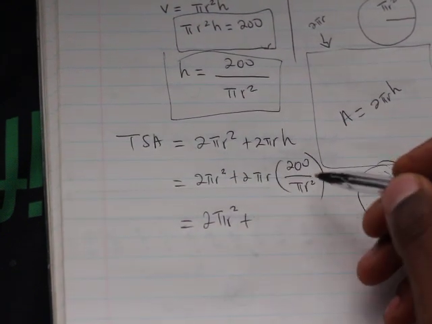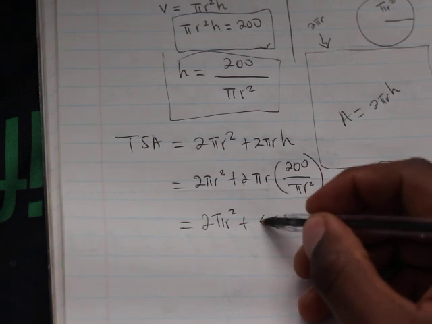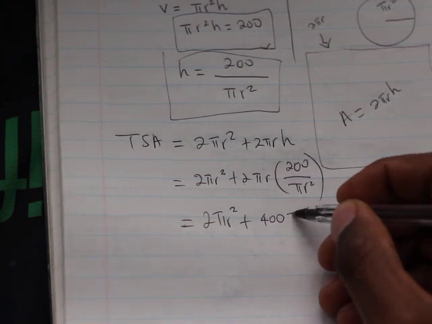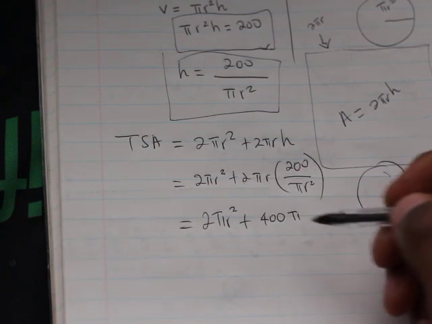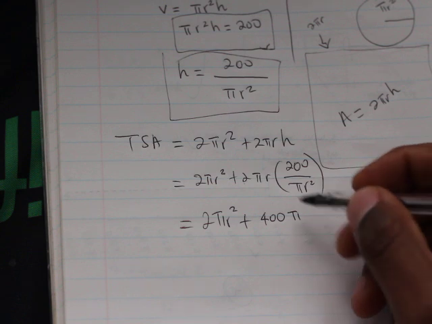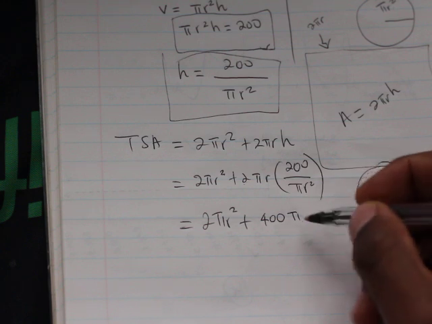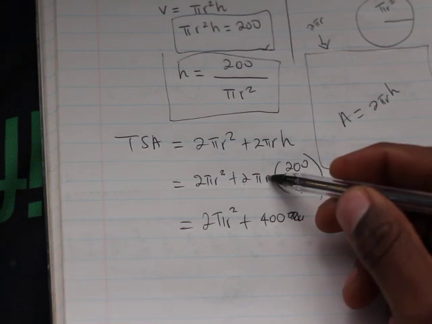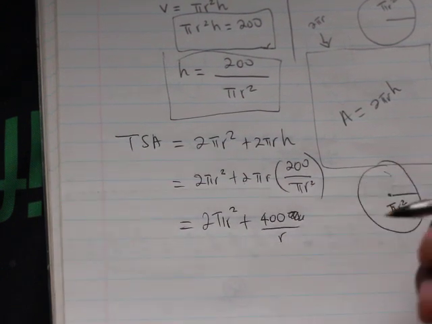The 2 and the 200, that's going to be 400. The pi falls out because there's pi in the numerator and pi in the denominator. Then one R cancels that R over there, so we just have 400 over R.